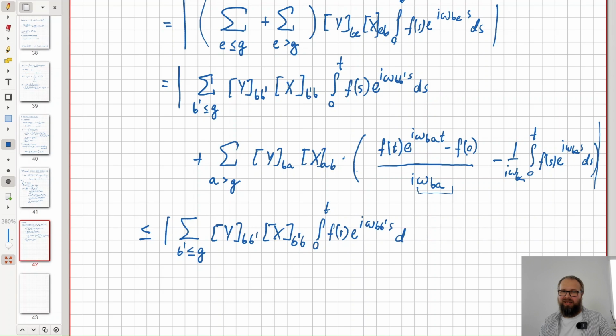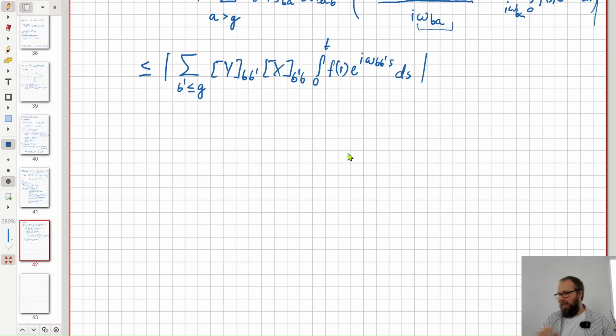This is all nice and good. The frequencies are moderate. And we have here a correction that's damped by the inverse of the gap, which is a small parameter in our theory.